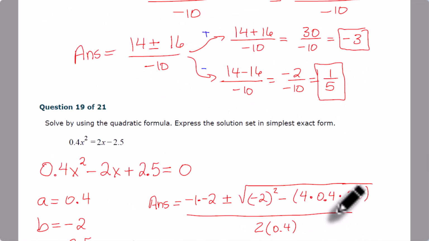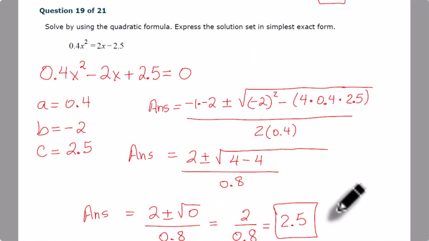All right, in question 19, we see the case where the quadratic equation could have decimals. Typically in real life problems, A, B, and C will always be decimals. Very rarely are they nice numbers.